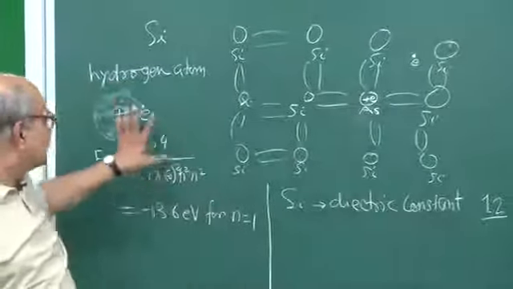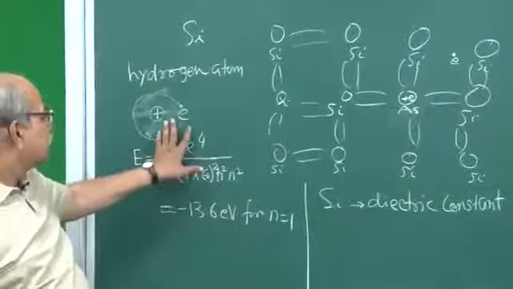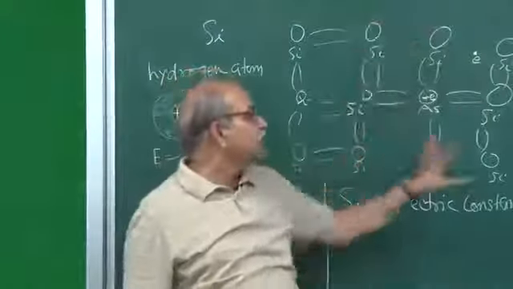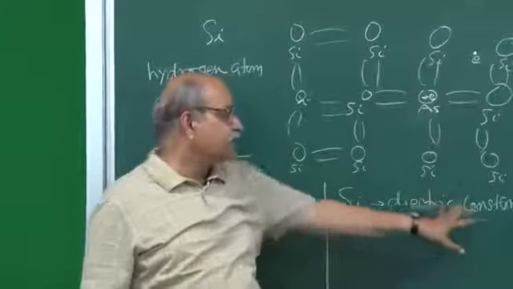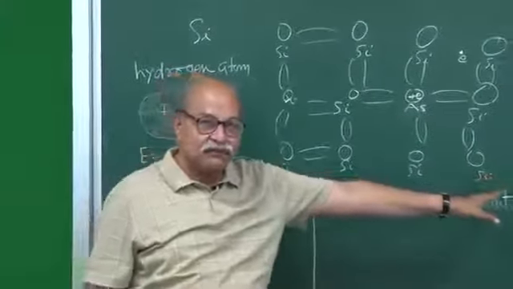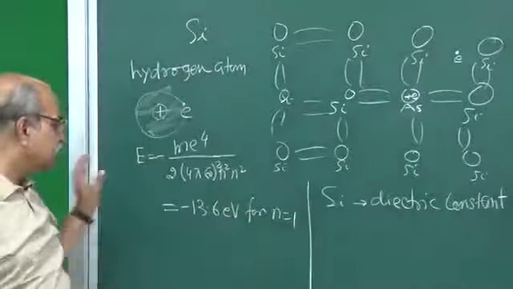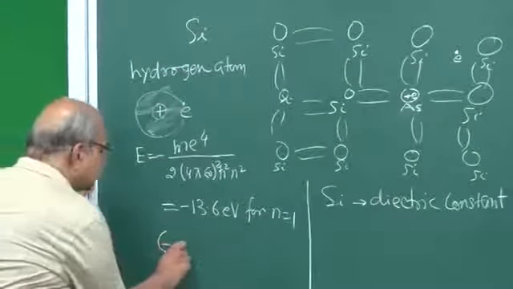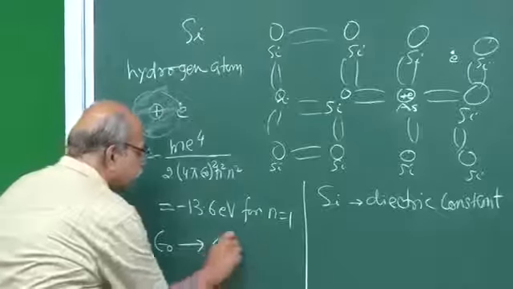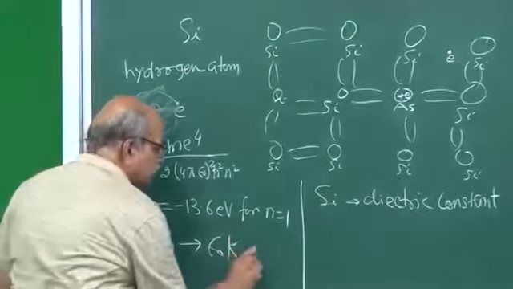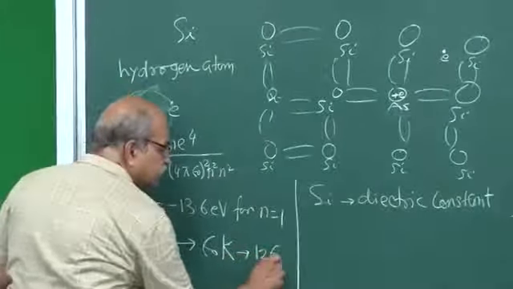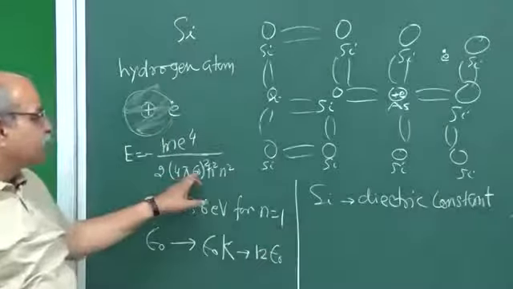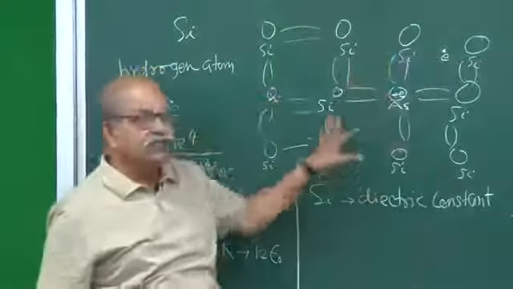Here it was free space, but here this whole space is a dielectric with a dielectric constant of 12, so epsilon naught should be replaced by 12 times epsilon naught. So that's one modification: it's not in free space, it's in silicon.